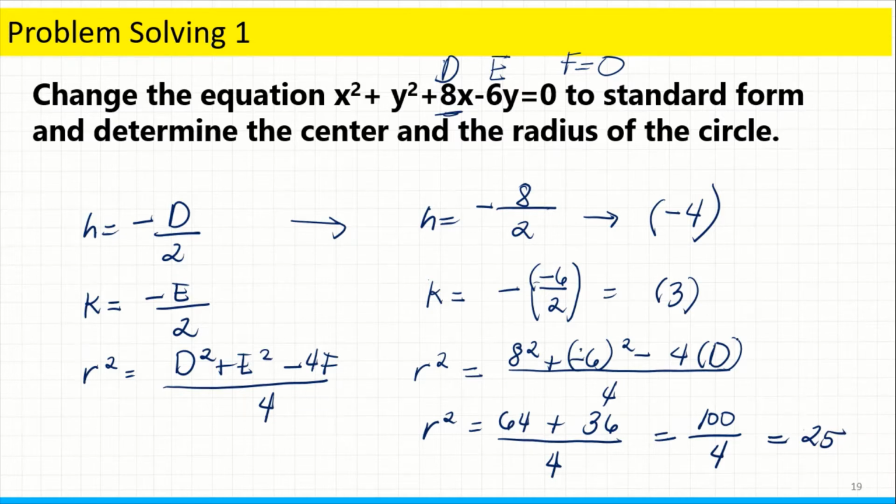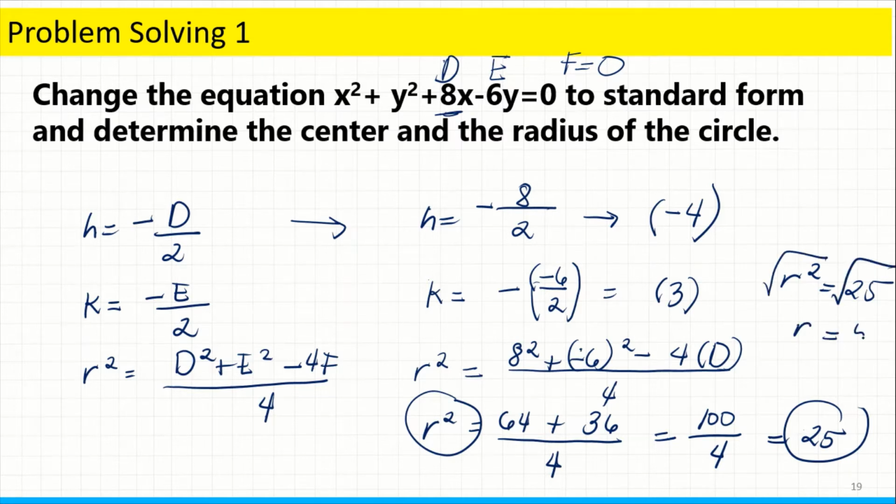So again, to get the radius, equate 25 to r squared. So r squared is equal to 25. Then r is equal to the square root of both sides of the equation, which becomes 5.